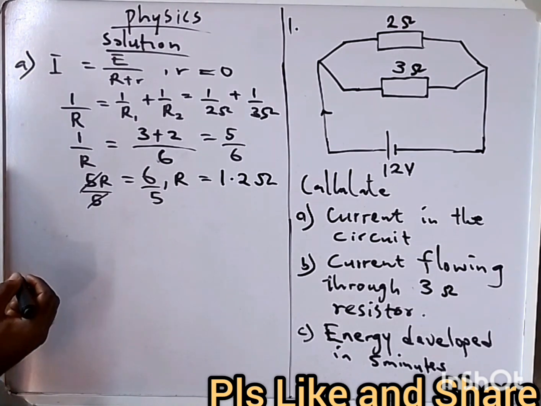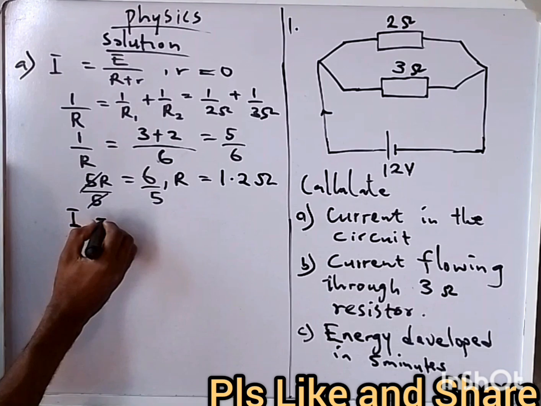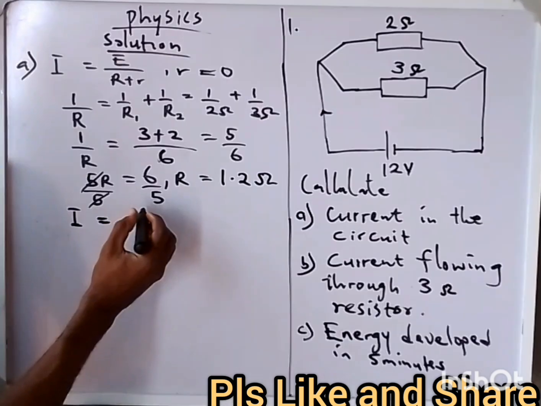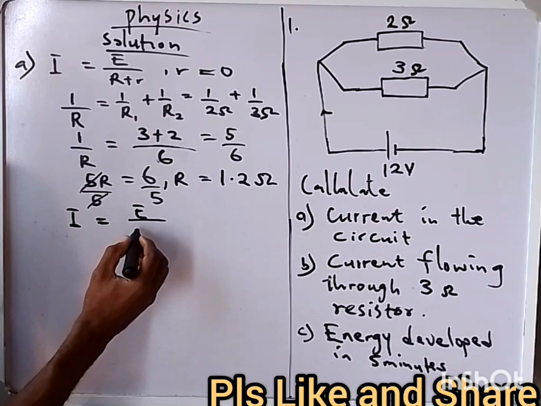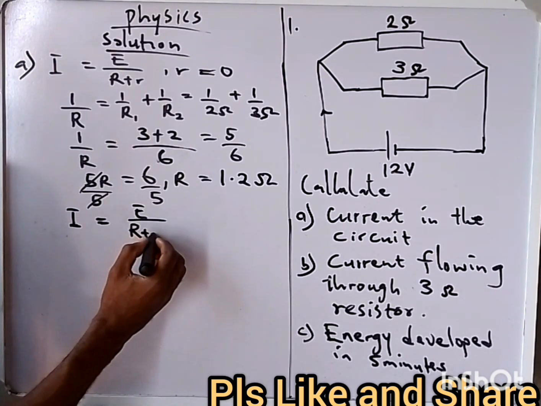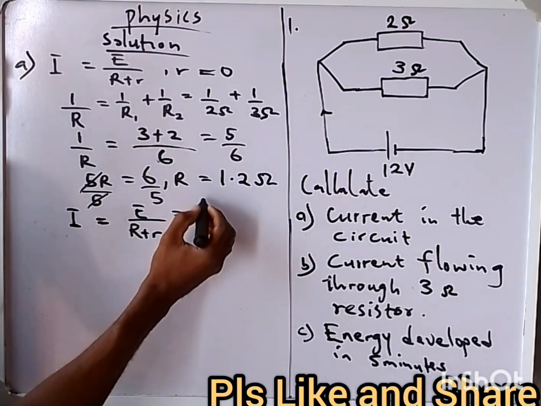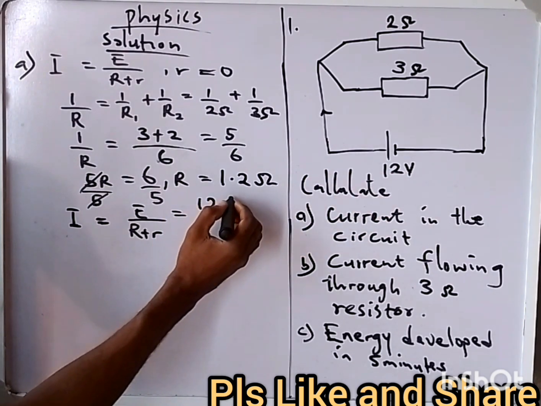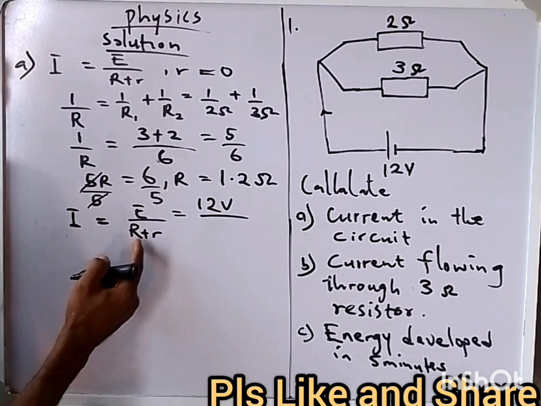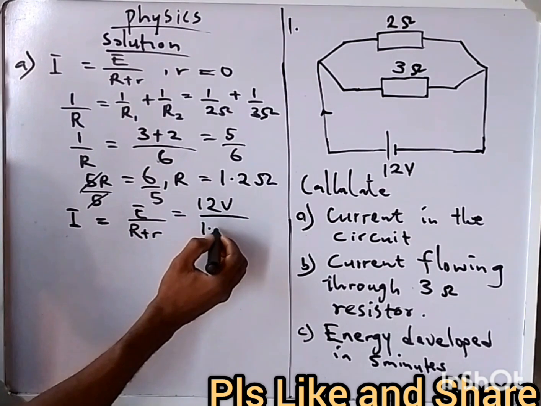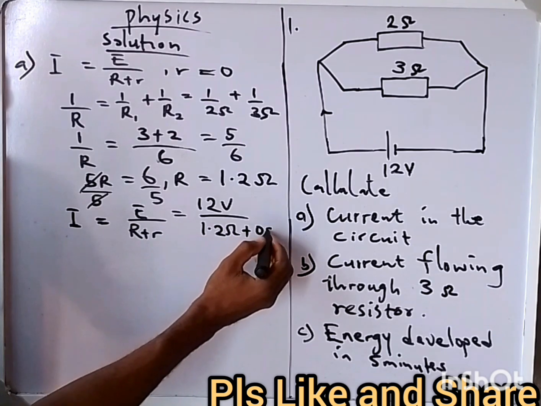Then we substitute into the formula I is equal to the EMF of the cell over big R plus small r, which is equal to 12 volts over capital R, calculated to be 1.2 ohms, plus 0 ohms.